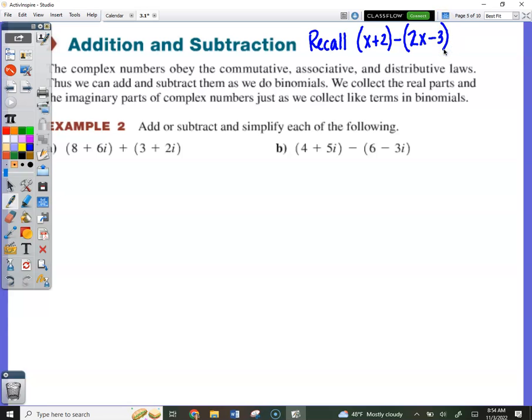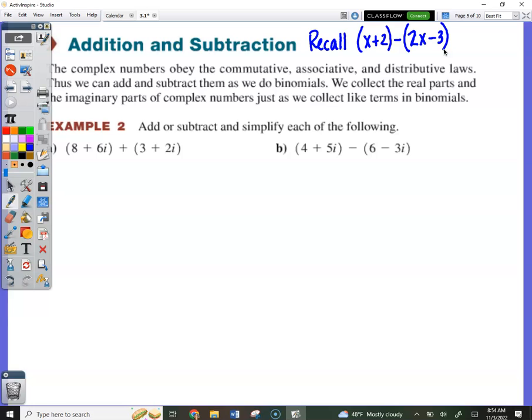Y'all are already familiar with that, right? You would distribute the negative and then you would combine like terms. Same exact concept. Instead of an x, we have an i, which is saying it came from an imaginary.